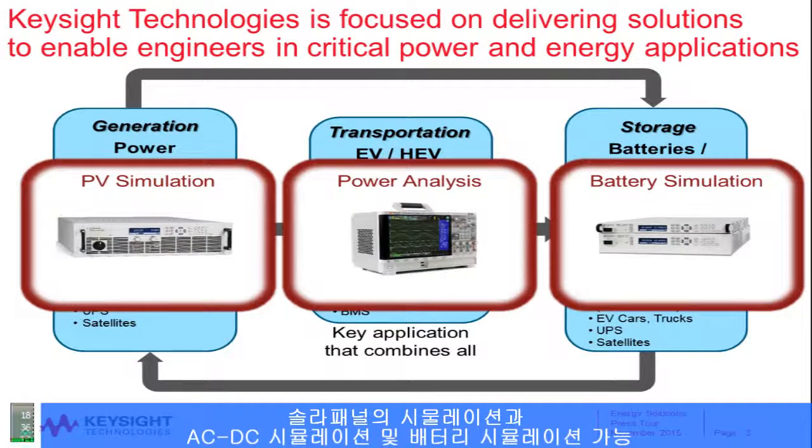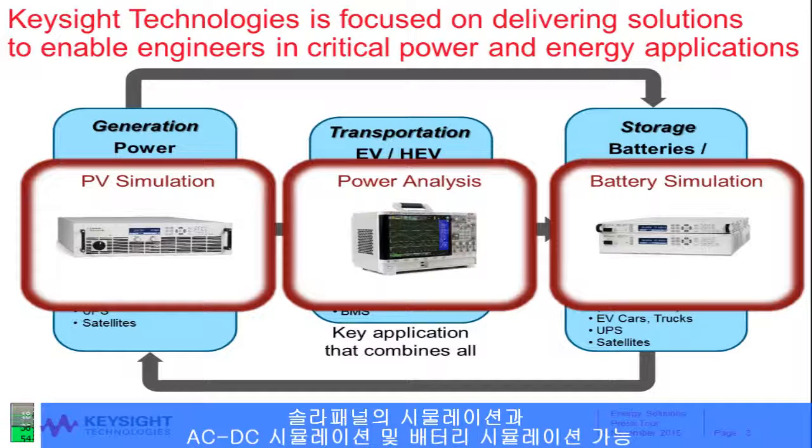And Keysight is focused on delivering solutions to help engineers make more efficient use of the energy. In the area of generation, an example I'm going to briefly touch on is a photovoltaic simulator. This is used to simulate solar panels to help engineers who are developing inverters, to develop those inverters more efficiently.